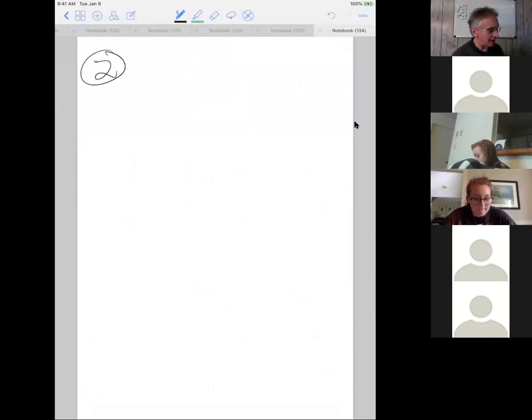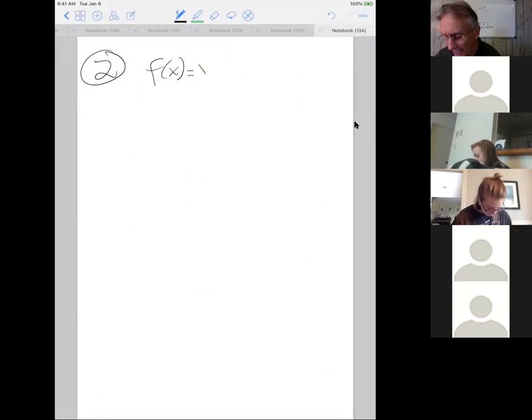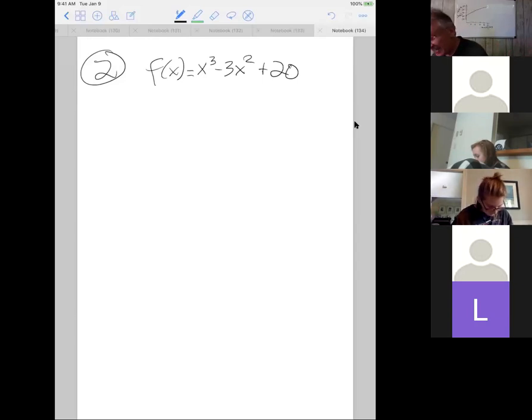find the absolute maximum and minimum for f of x equals. Notice the last question we had was also a cubic, but it was not on any interval. It was forever. It's just the function. And there wasn't a max or min.